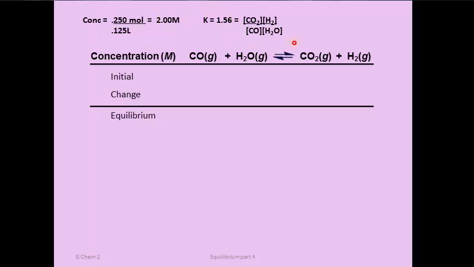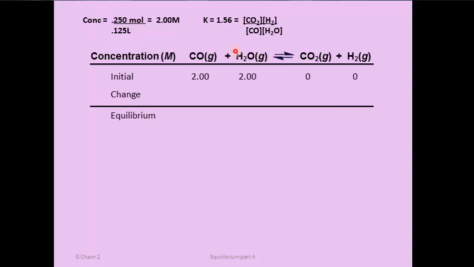It's always good to go ahead and put up the equilibrium expression, where you put products over reactants. So here we go. We fill in our initial concentrations after they've been converted from moles and volume. It's a 2 molar carbon monoxide concentration, 2 molar water, and before the reaction starts, so these are the initial concentrations, there's no carbon dioxide or hydrogen present.